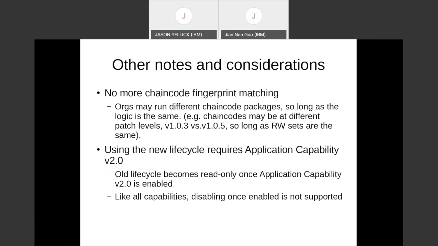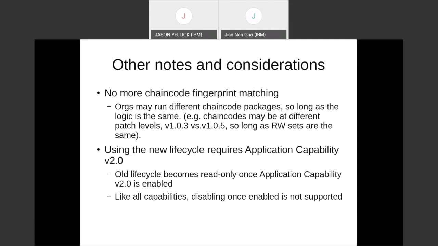Your chaincode would otherwise execute just fine, but these fingerprint mismatches prevented things from working. So that exists no more. That's gone, which means that your chaincodes can even differ slightly from peer to peer.